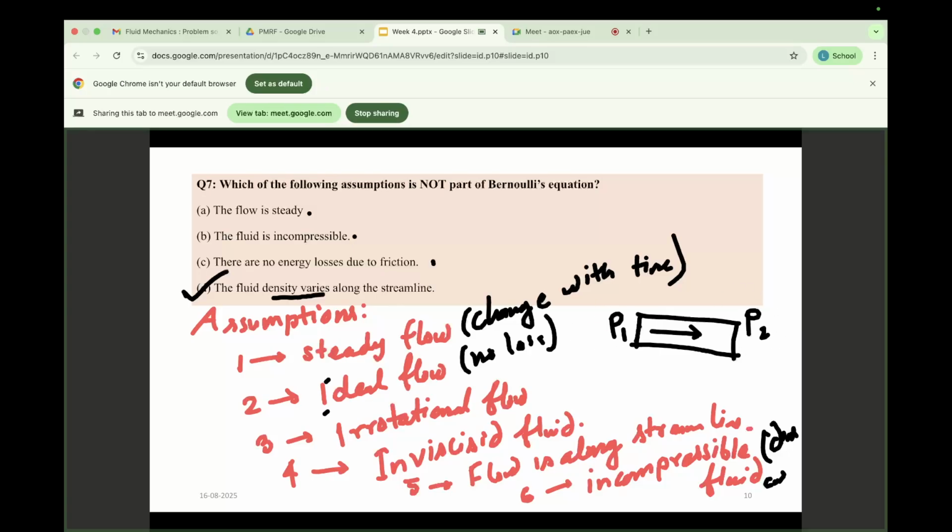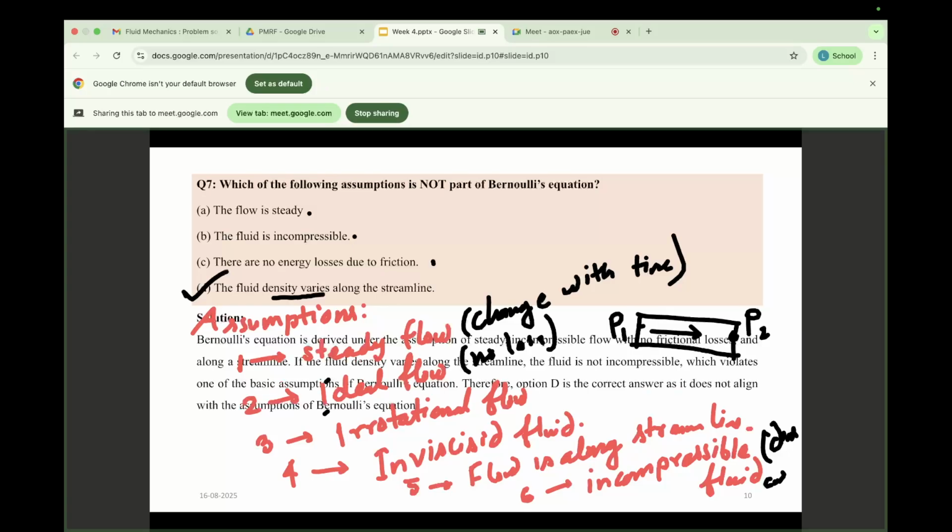If the pressure at this end and this end is equal, then there is no such flow. So there should always be a pressure difference between these 2 points for Bernoulli's equation to be used. Please remember these 6 assumptions. Now I can move to the next question.